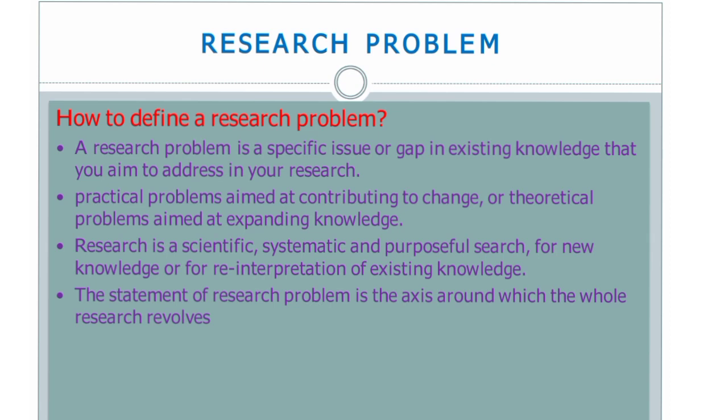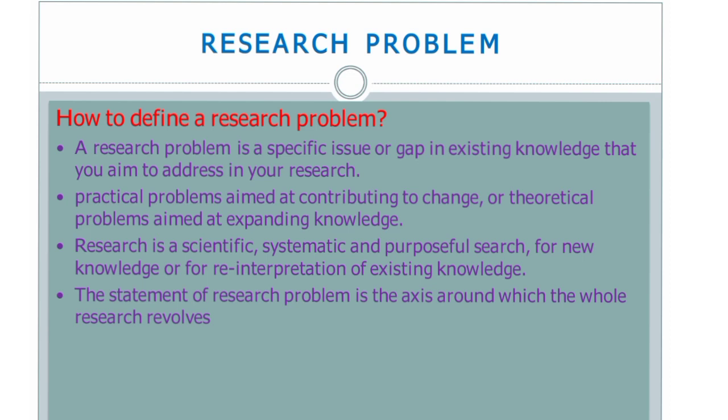A research problem is a specific issue or gap in existing knowledge that you aim to address in your research. So a research problem is a gap or issue in the particular research area that you are focusing on. Suppose I am doing research in computer science, in a particular area, that is IoT.